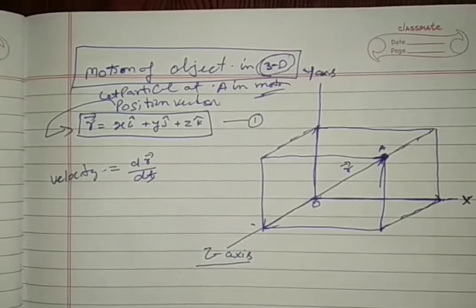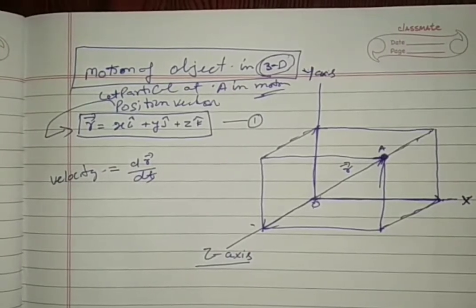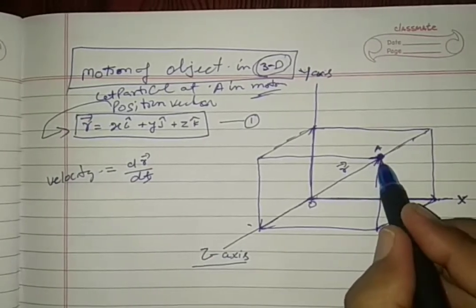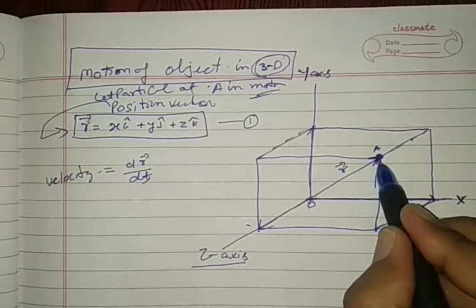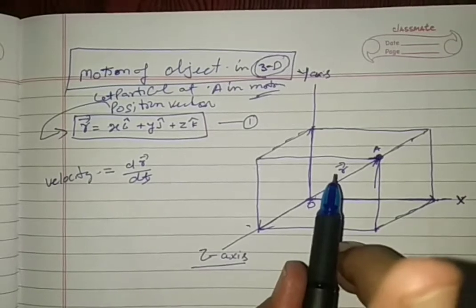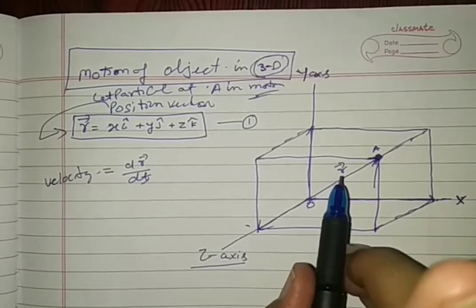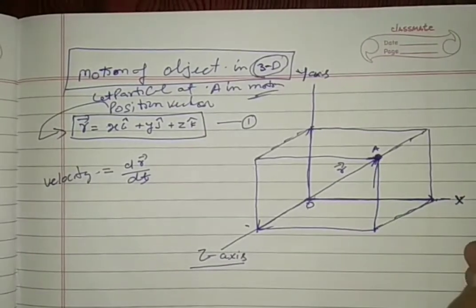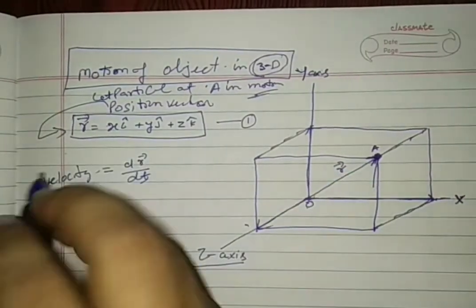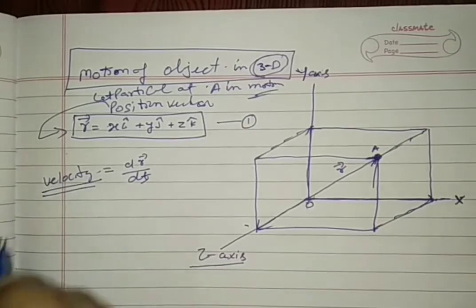If a particle's position changes with respect to time, it means it is in motion. If there is no change in its position, it remains at the same point after changing the time, then it is said to be in a state of rest, a stationary state. But if the position changes, then it is under motion, and its velocity can be obtained by this formula.